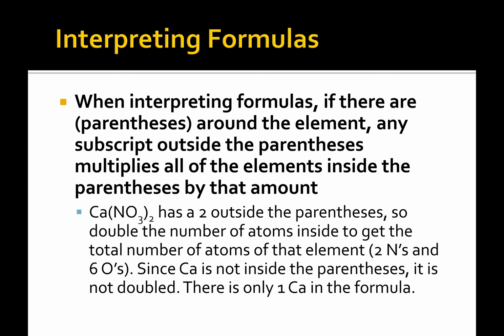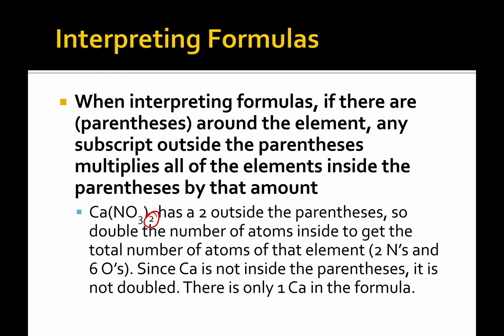When interpreting formulas, we want to be aware of parentheses around any particular element or ion. Any subscript outside of that parentheses is going to be distributed to anything inside the parentheses and is going to multiply all the elements inside by that subscript amount. For example, calcium nitrate has a 2 outside of the parentheses.